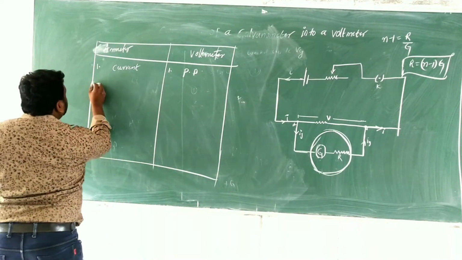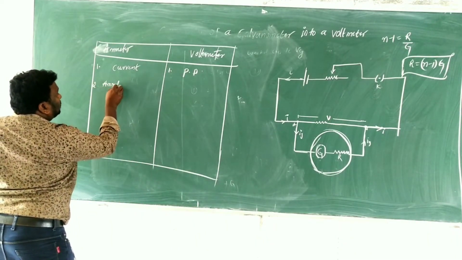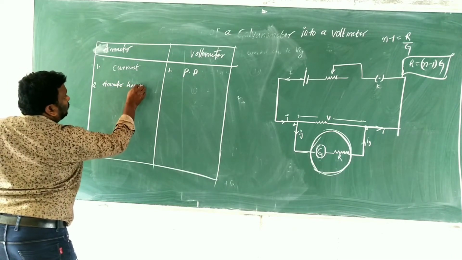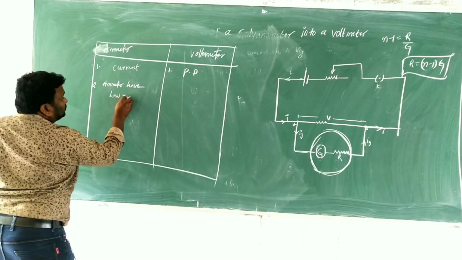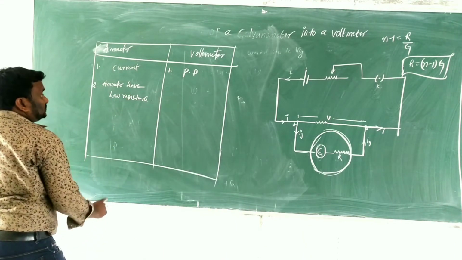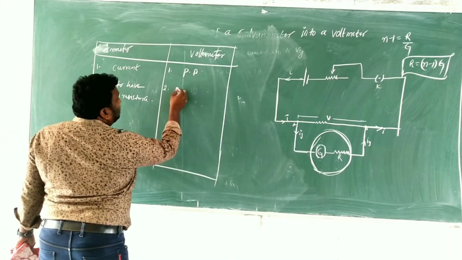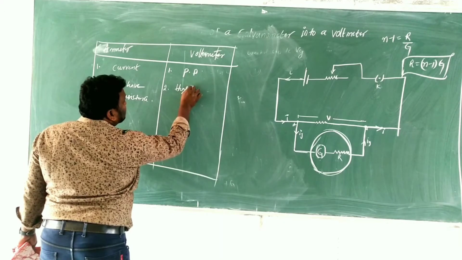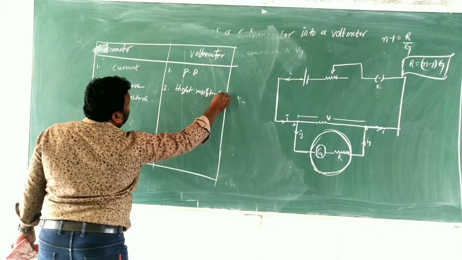And the second thing is, ammeter must have low resistance value, low resistance. And voltmeter must have a high resistance value, because it will take only a small amount of current.